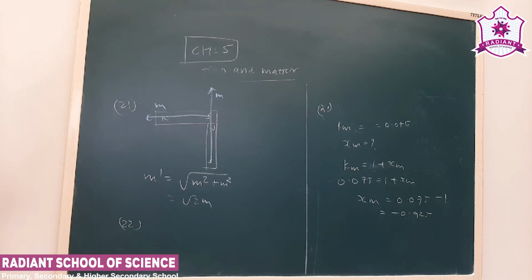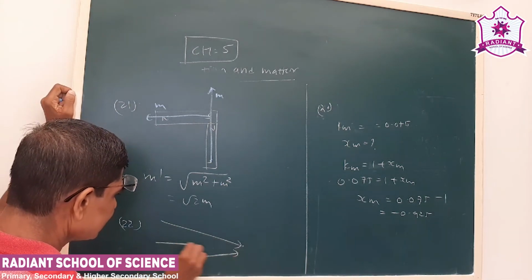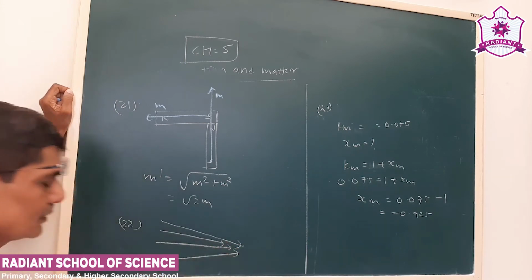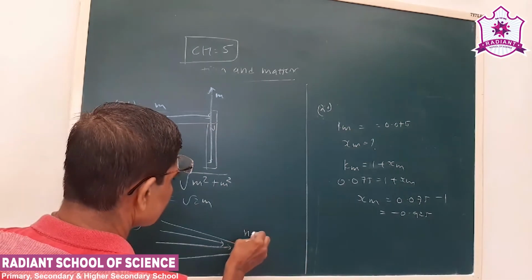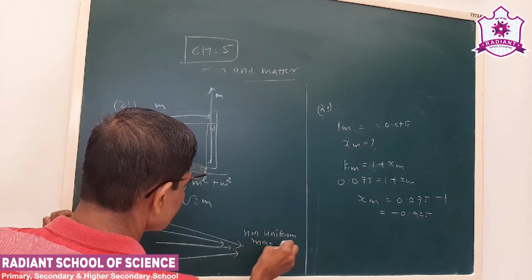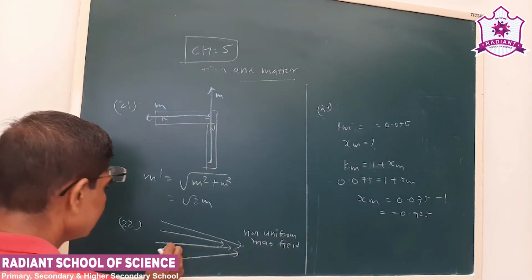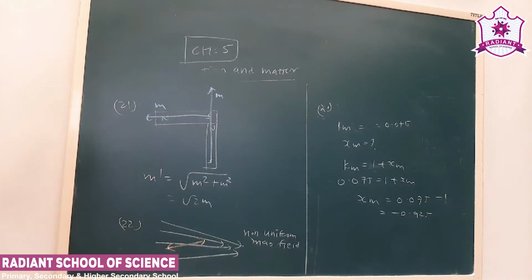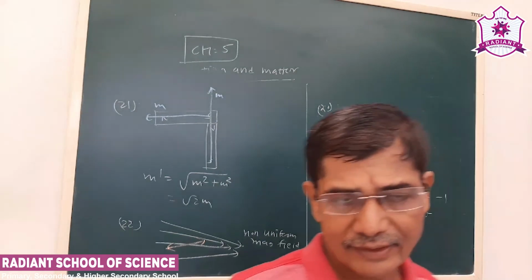Okay, now see, a magnetic needle kept non-parallel to the magnetic field in a non-uniform magnetic field. See, a magnetic needle is kept non-parallel. Now here, the force will be in different directions.